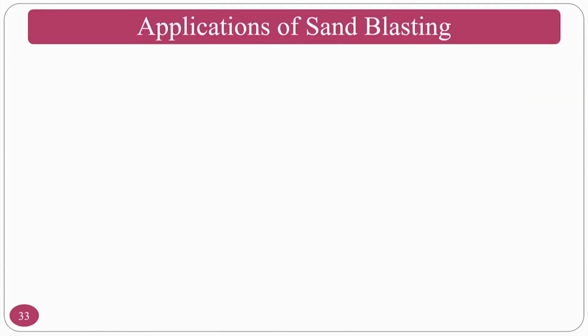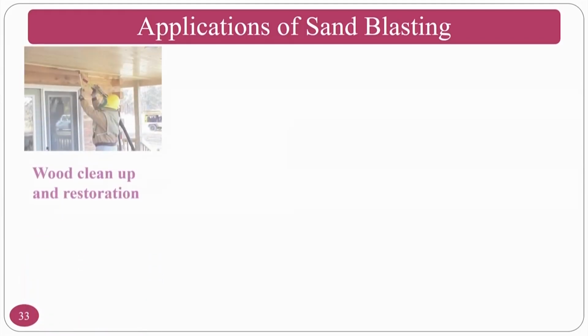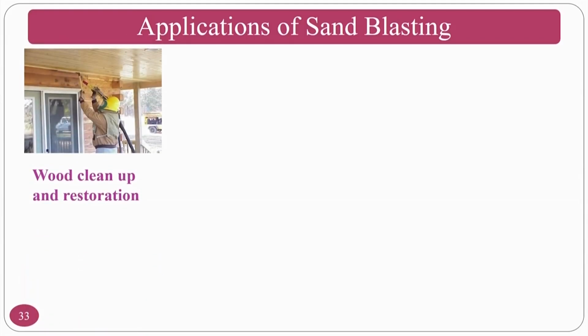Applications of sandblasting. If you see the applications, the primary applications people normally use it for are wood cleanup and restoration. If people want to clean wood to get a shine on it, later they will paint with shellac and other things, but before that they use it for texture generation on the wood.